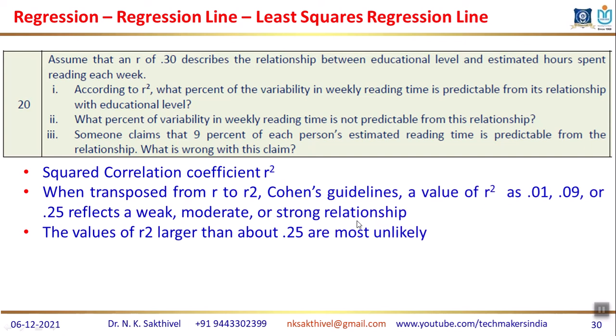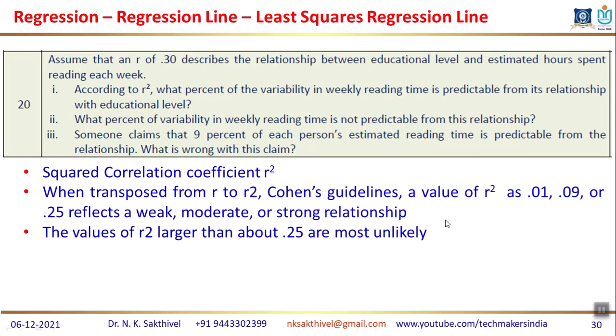And one more piece of information: if the R squared value is more than 0.25, what will happen? It is most unlikely, so no relation. That means for any table you are given, if you calculate R squared, the value won't come above 0.25.